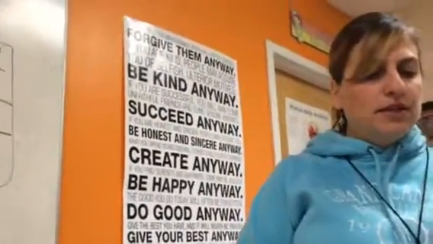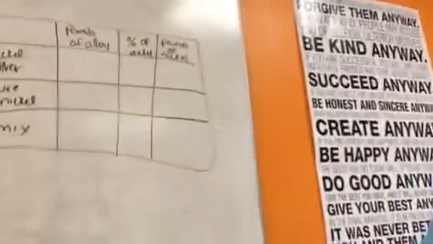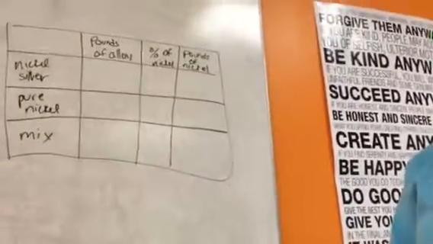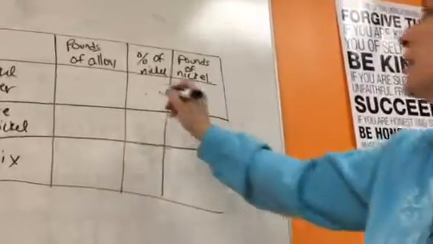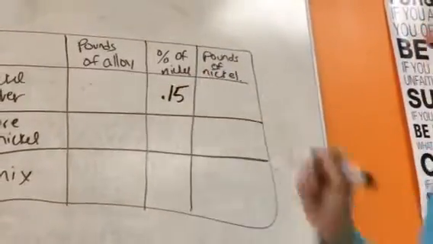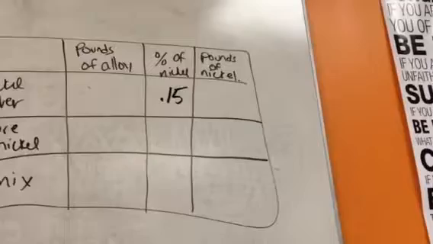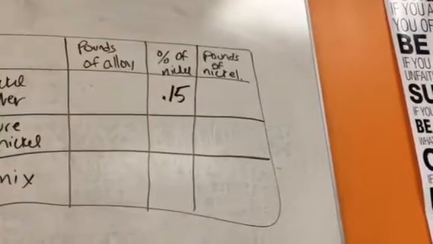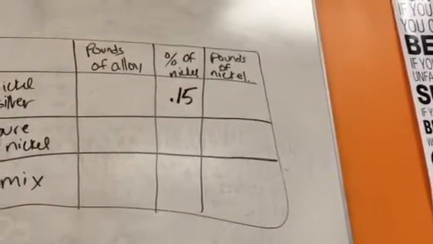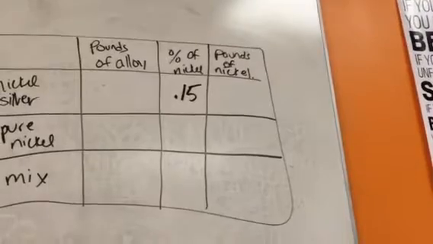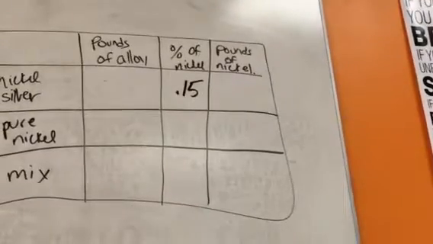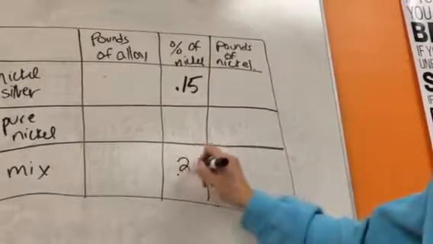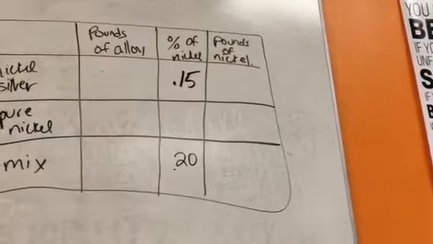We know the percentages. We know that the percent of nickel is, it said 15% of nickel silver, so that's going to be 0.15. And then it said 20% of the alloy, that's nickel, so that's the mix, that's going to be 0.20. And then the pure nickel.